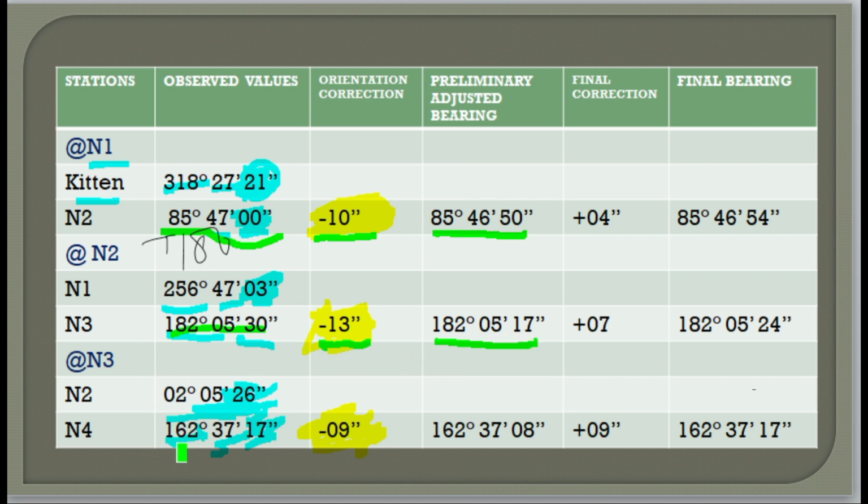Again from N3 to N4, I will add, that is 162, 37, 17 minus 9 seconds. So on the calculator, remember to add the 0 minutes and 0 degrees in order for you to obtain the right value. So getting the preliminary adjusted bearing there.